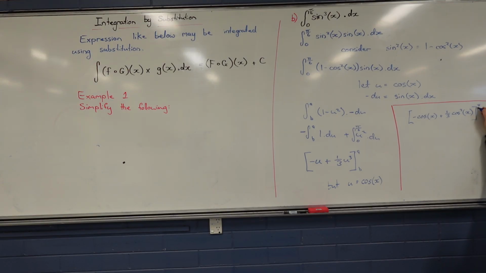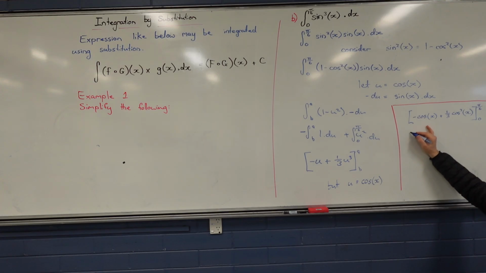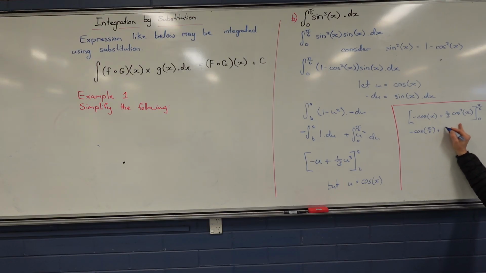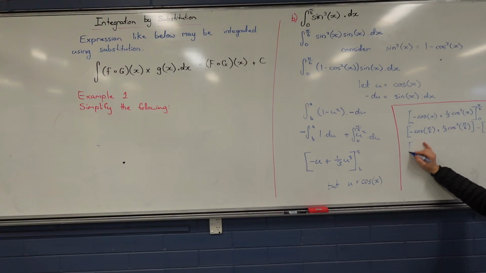Then this is going to be pi on 6, and this is 0. So when we evaluate this, we're going to hopefully get cos pi on 6 plus 1 over 3 cos cubed pi on 6, take away, okay, cos pi on 6 is root 3 on 2.